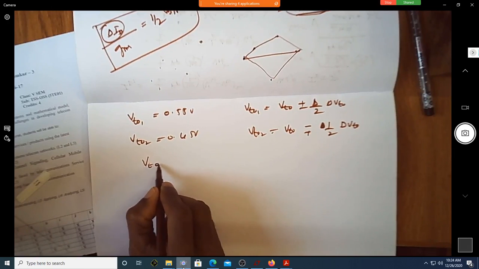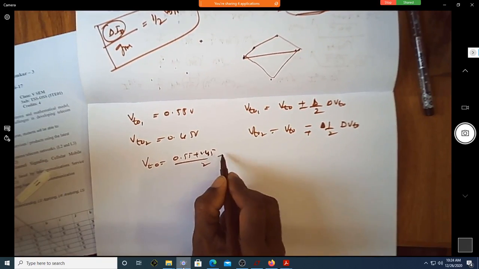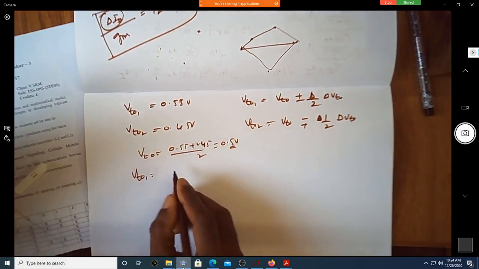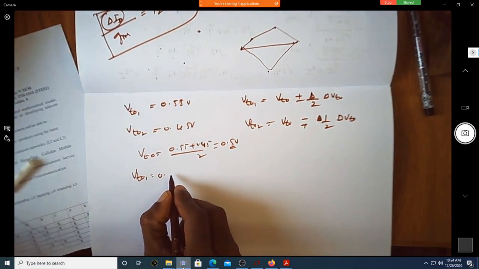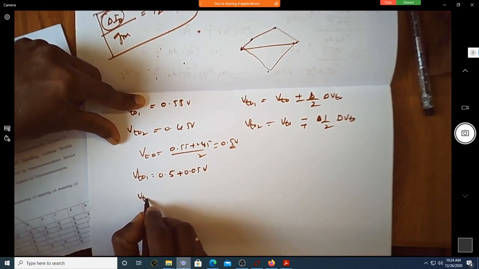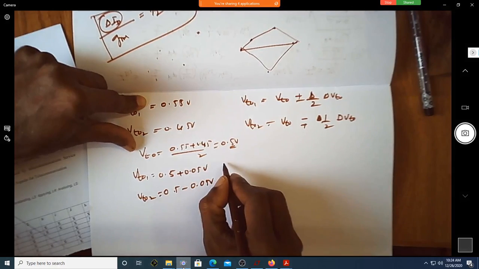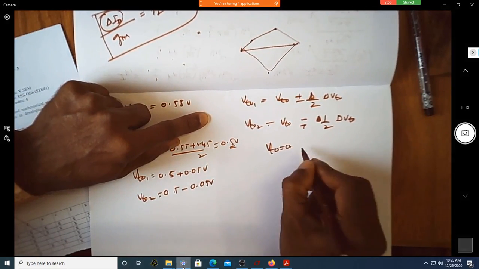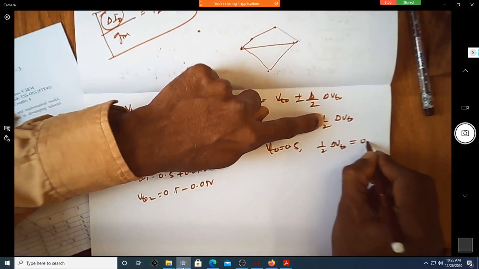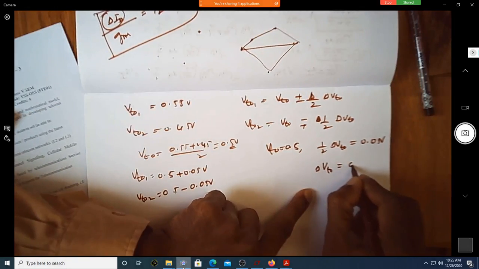VTO is equal to 0.55 plus 0.45 by 2, which is 0.5 volt. Can I write VTO1 is equal to 0.5 plus 0.05, VTO2 is equal to 0.5 minus 0.05 volt? So VTO is 0.5 volt, then half of delta VTO is 0.05 volt. Then delta VTO is 0.1 volt.